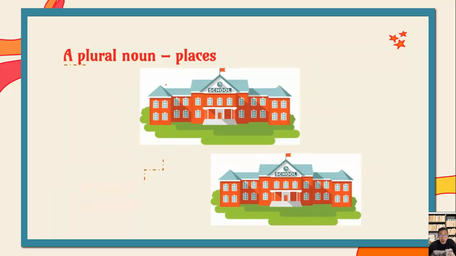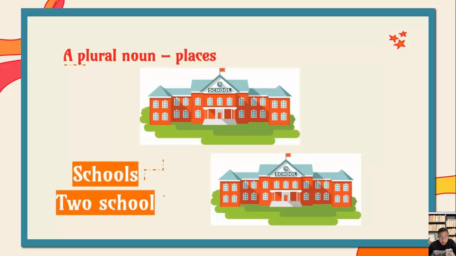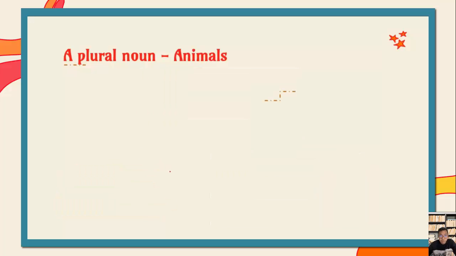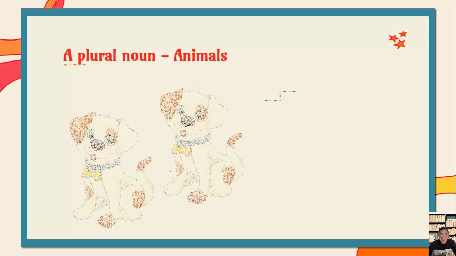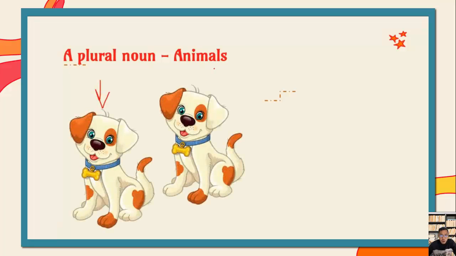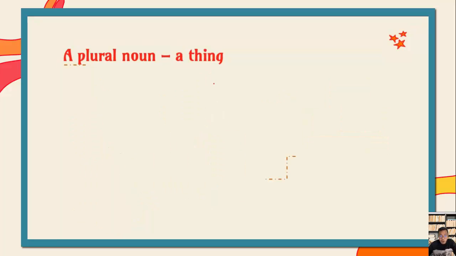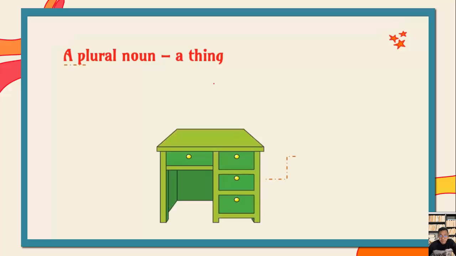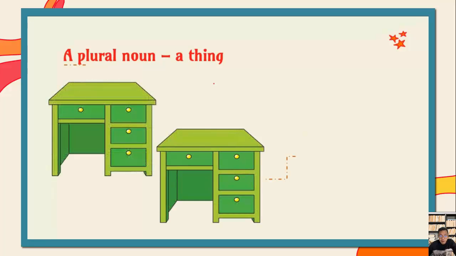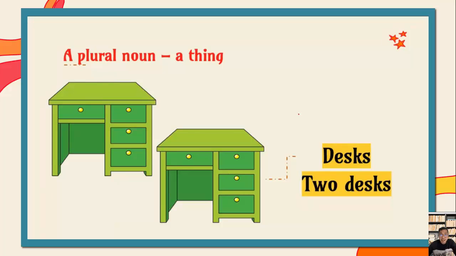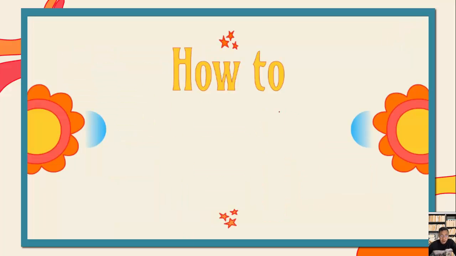How many schools are there? They are schools, right? 2 schools, with S here. Just put S to form a plural noun. An animal, 1 dog, 2 dogs. A thing, like this, desk and 2 desks, right?